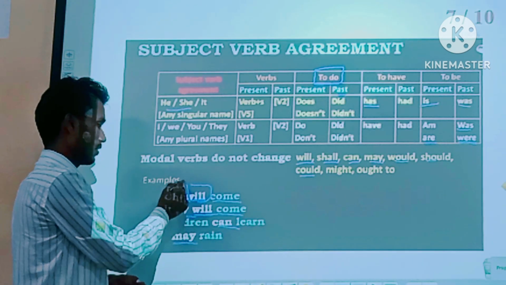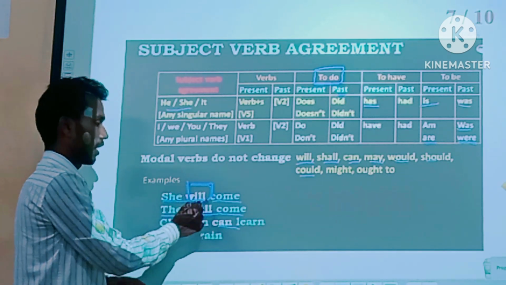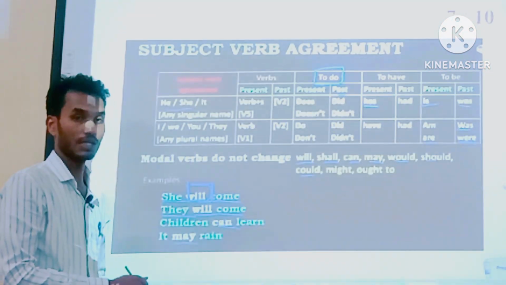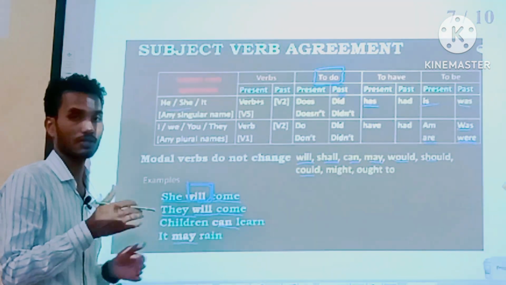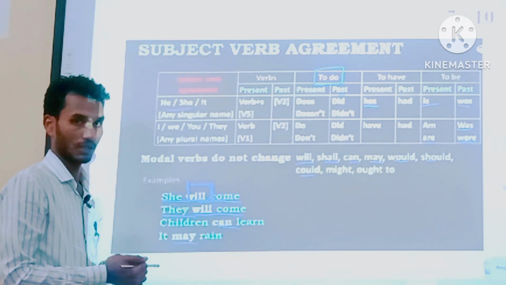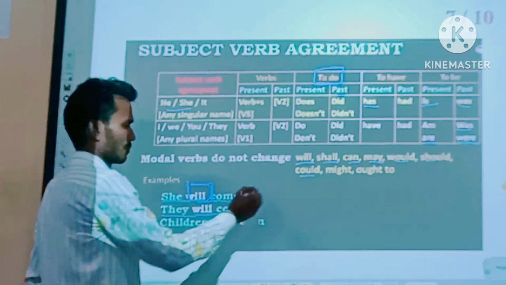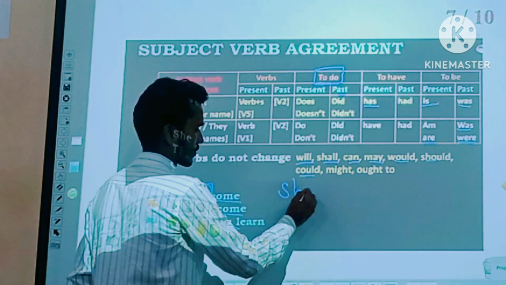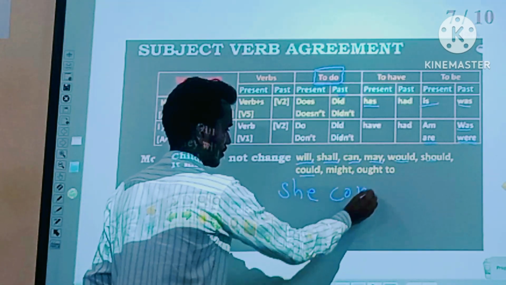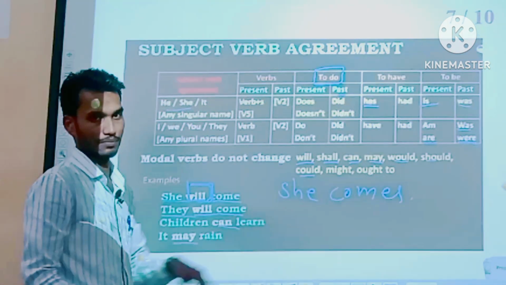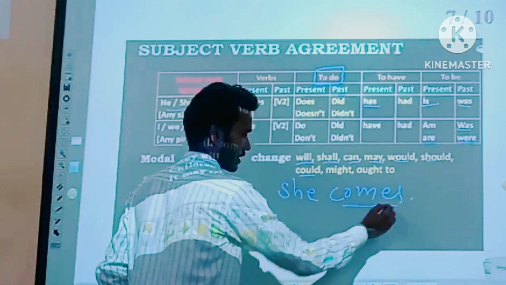So if modal auxiliary verbs come in a sentence, especially in present tense, there is no change in the verb, right? If there is no modal auxiliary verb, say for example, she comes. In this sentence there is no modal auxiliary verb, that's why the verb is singular.